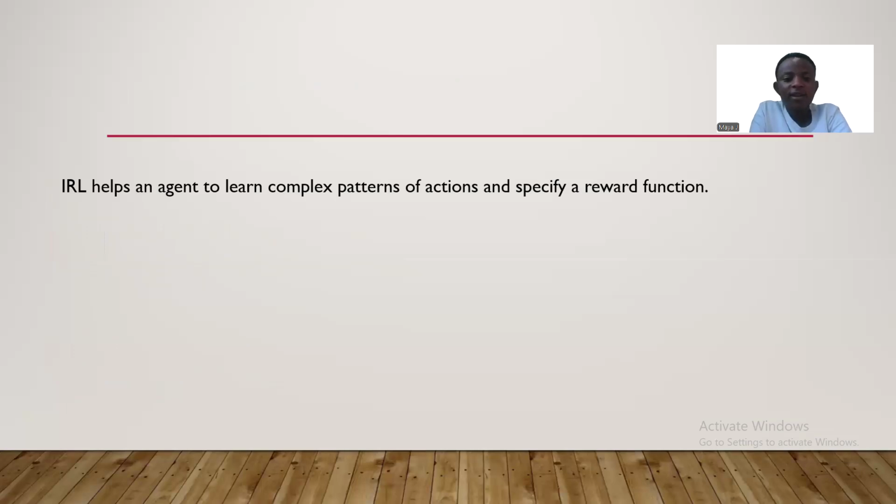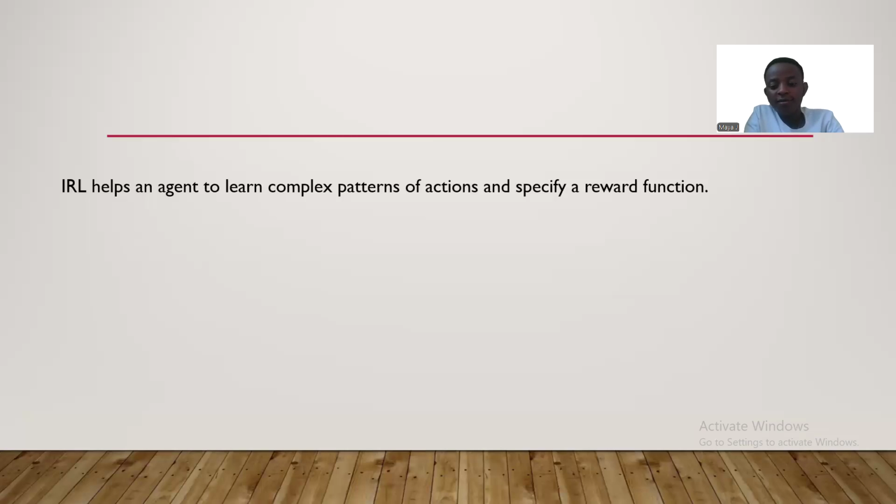As I've said, in inverse reinforcement learning, unlike reinforcement learning where the reward function is predefined and used to evaluate the outcomes, in this case here, the reward function is unknown.